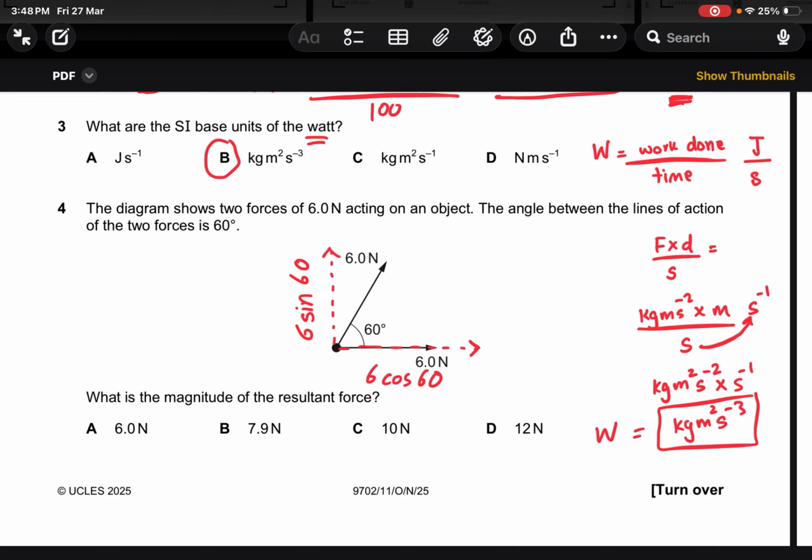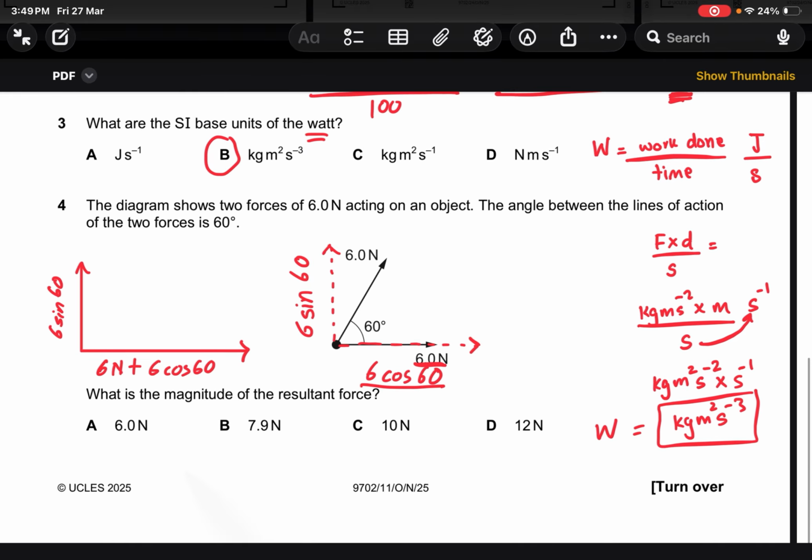If I resolve in the vertical direction, I have 6 sin 60. In the horizontal direction, I have two forces: one is 6 newtons and the other is plus 6 cos 60. So 6 newtons plus 6 cos 60 newtons.